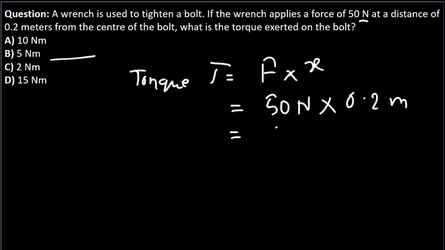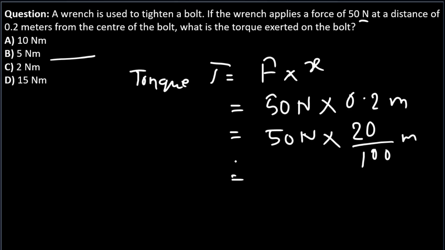We can write 0.2 as 20 over 100 meter. So here 50 goes over 100, it's 2 times, and 2 times 20 is... 10 Newton meter will be the torque.